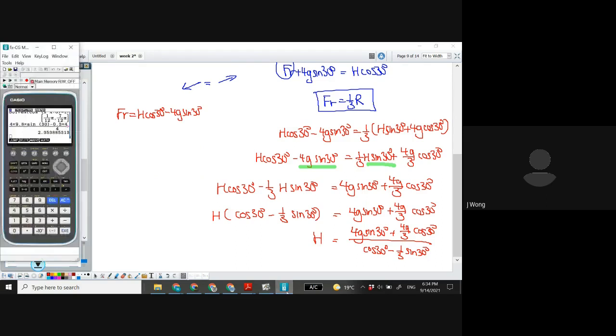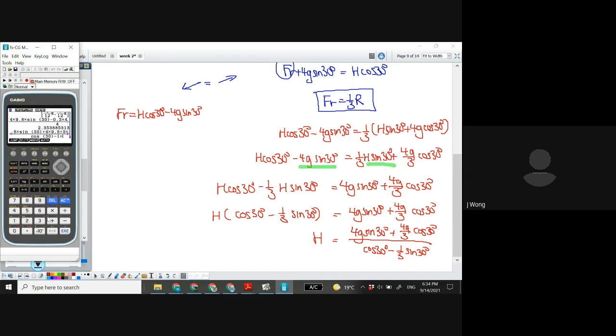Okay, so now let me just put everything into the calculator. So 4 multiplied by 9.8 and sine of 30 degrees. Add on 4 times 9.8 divided by 3 times cos of 30 degrees. That's the top part. Cos of 30 degrees.